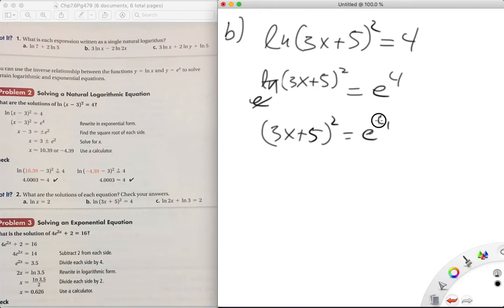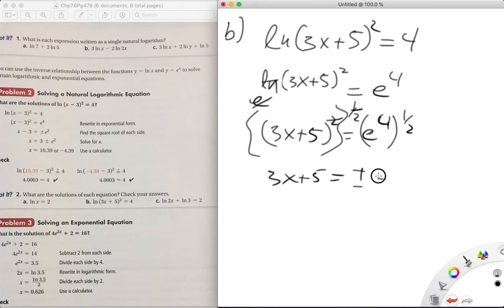Okay, so I'm going to square root both sides. So I would put this to the 1/2, put this to the 1/2. That cancels. And I got 3x plus 5 equals, the square root of anything gives me two answers, positive or negative, so I have plus or negative e squared.